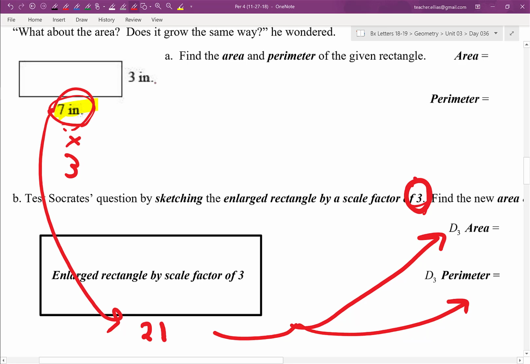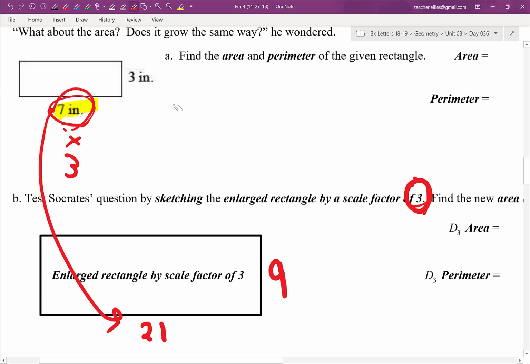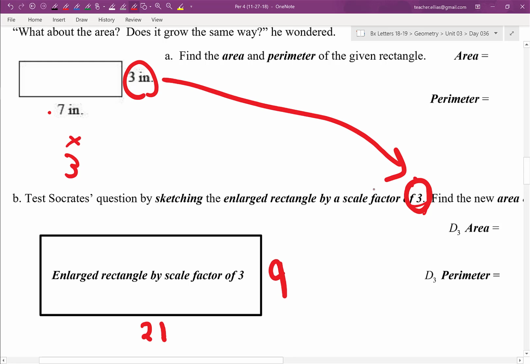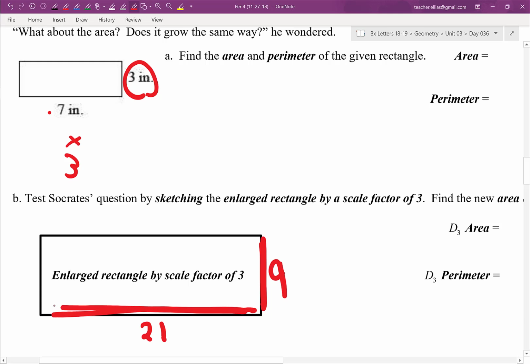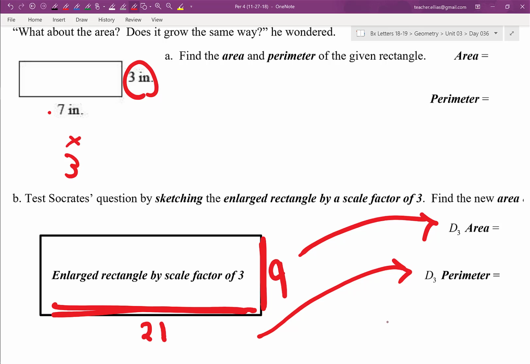Could you tell me what this new height would be? 9. Perfect. What are you doing to figure that out? You did 3 and what with 3 to get 9? Good. Now that you have the new height and the new width, tell me what the area is. Tell me what the perimeter is. Good.